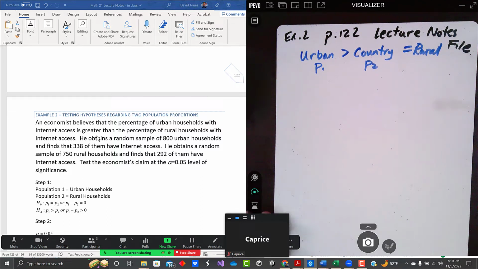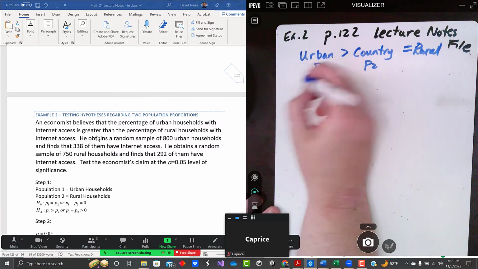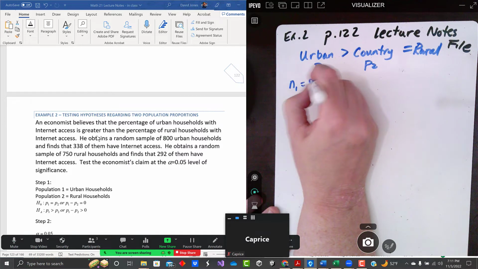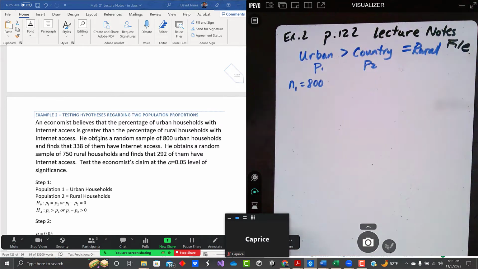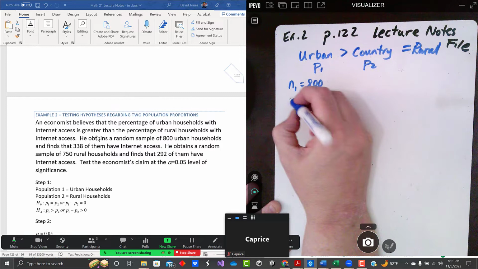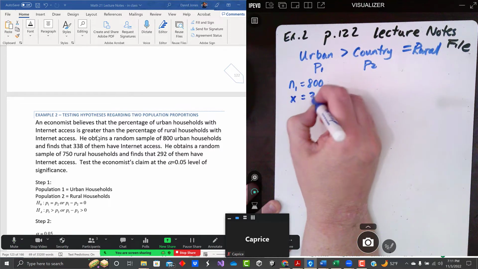So then it says the random sample of 800 urban households. Urban is my P1, so N1 is 800. That's my sample size for that group. And for P1, it doesn't give me a proportion, but it gives me the X. X is 338.